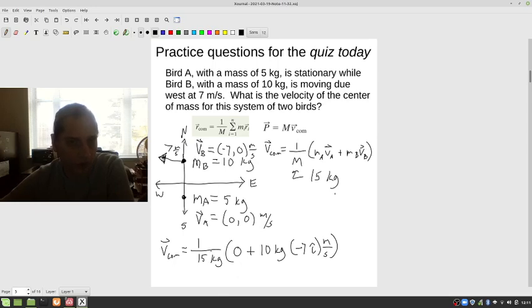And remember, the way that you do your vector algebra with this is you can just add your I components and add your J components, but we don't have any J components.